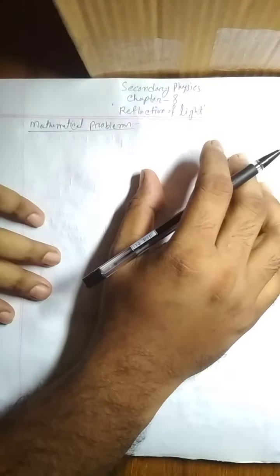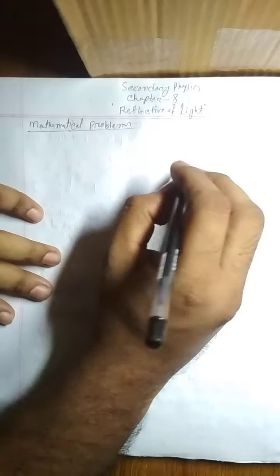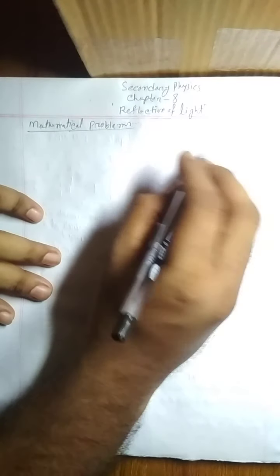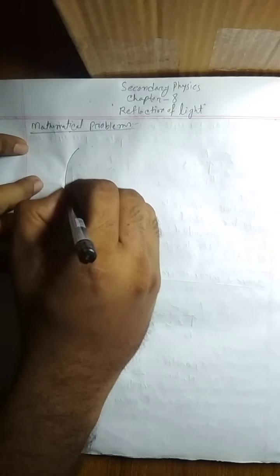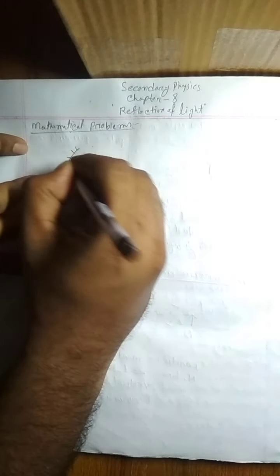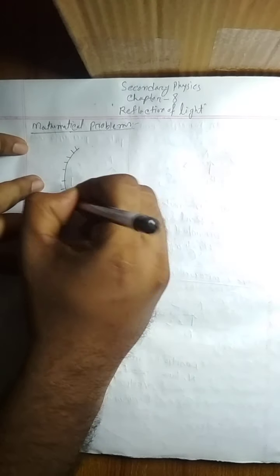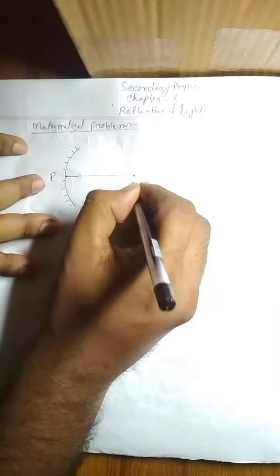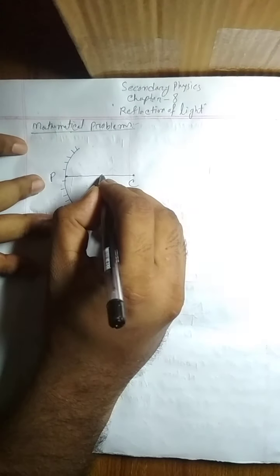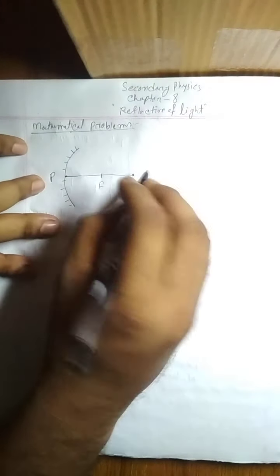There is an equation for the mathematical issues. First, let me show what this is. This is the concave mirror, this is the center of curvature, this is half of the principal focus.